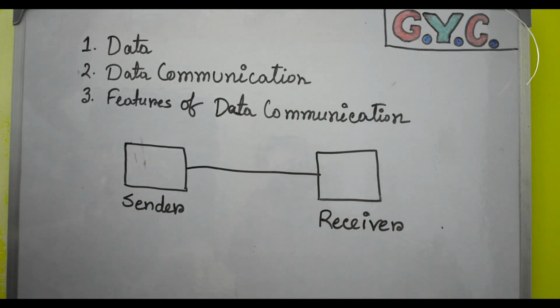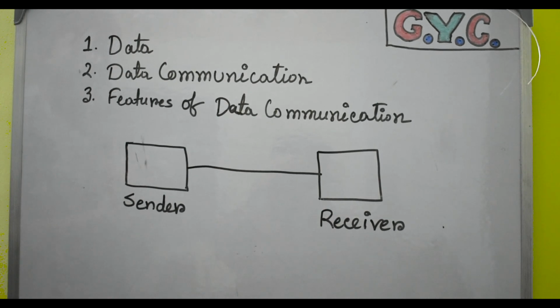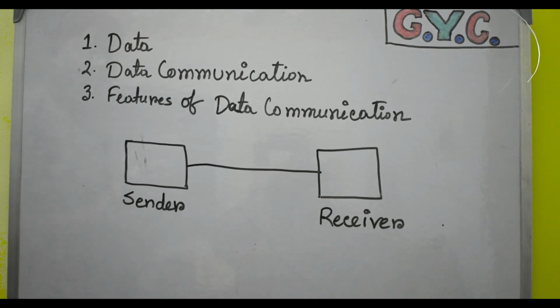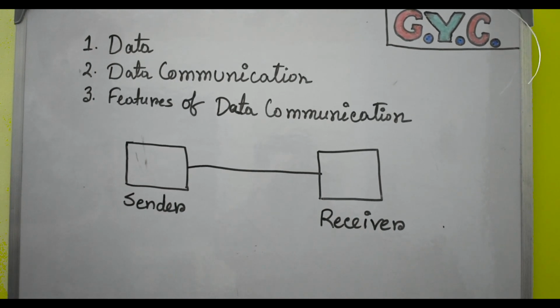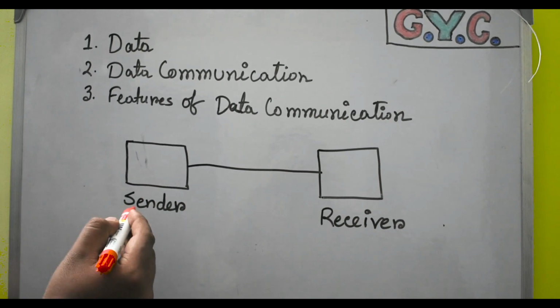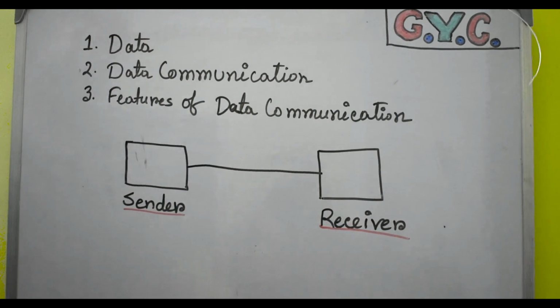Now we know what data is. After knowing data, the next thing that comes to our mind is data communication. So what is data communication? Suppose I want to send some message, to convey some information to one of my friend. Here I am the sender, and my friend is the receiver.